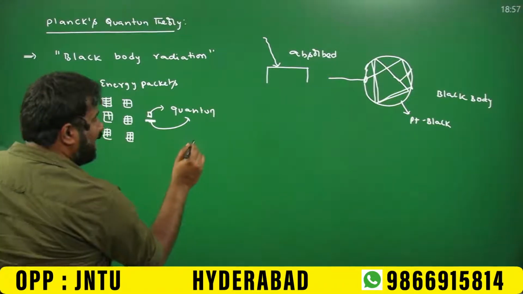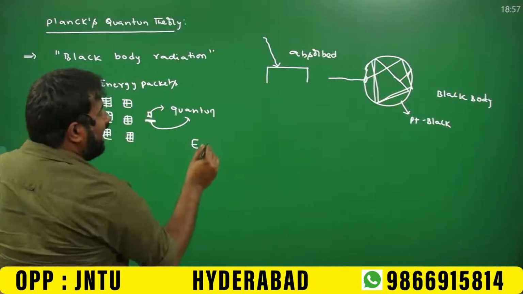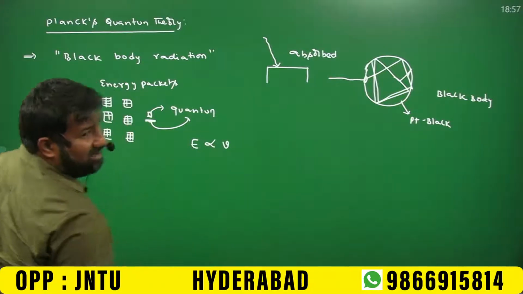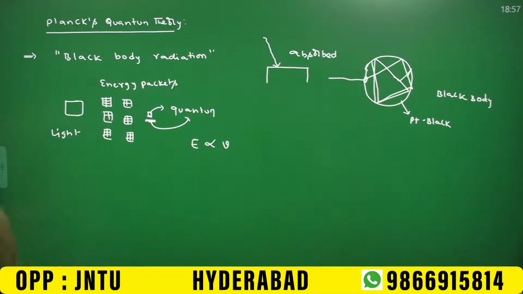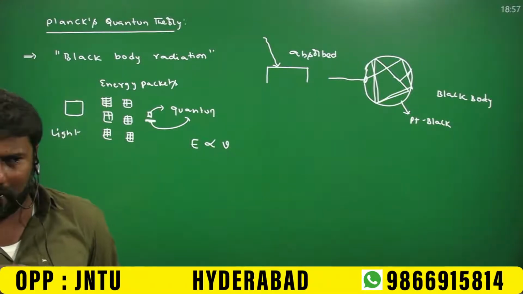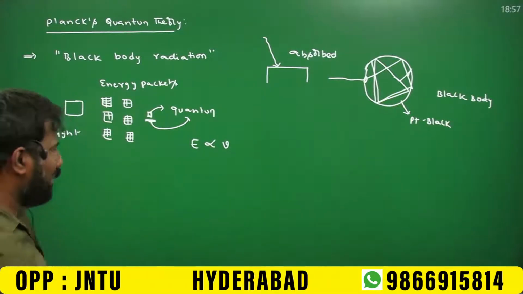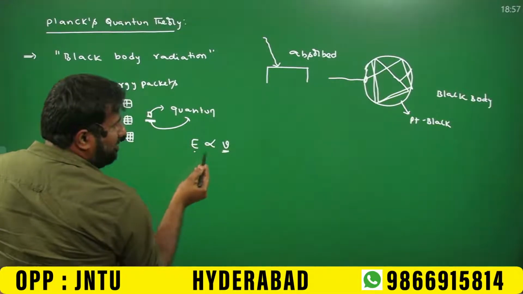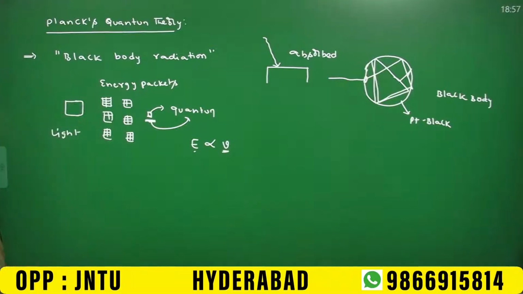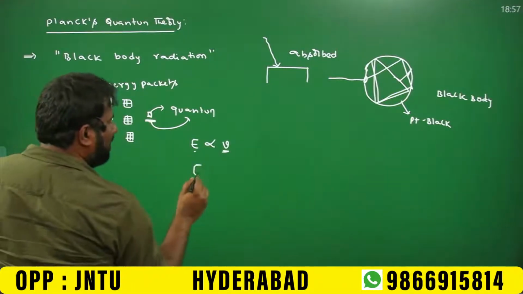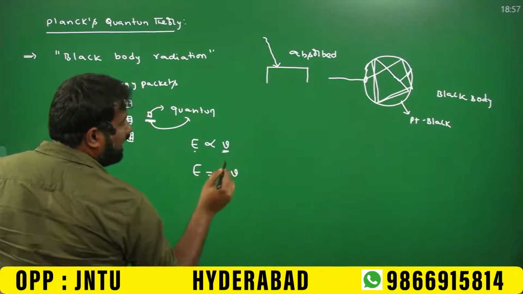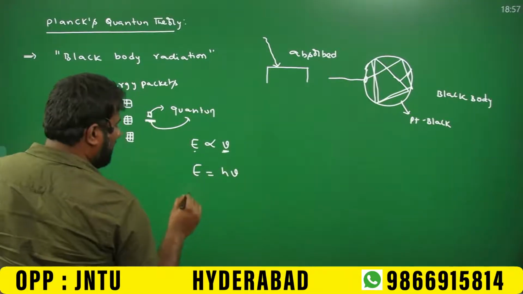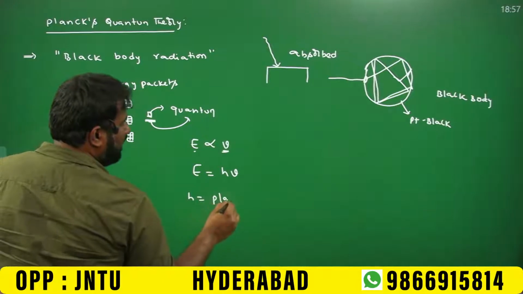The energy of each quantum is directly proportional to the frequency, because each packet is going to vibrate within the space. As it is oscillating, it has a certain frequency. So the energy of each quantum is directly proportional to its frequency. To remove the proportionality we use a constant h, so E equals h nu, where h is Planck's constant.